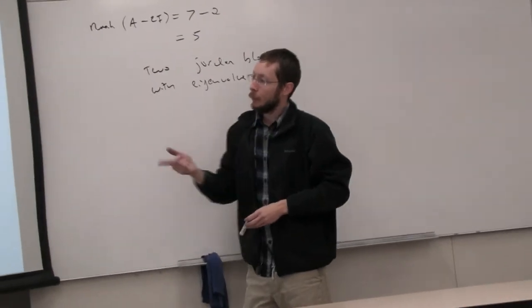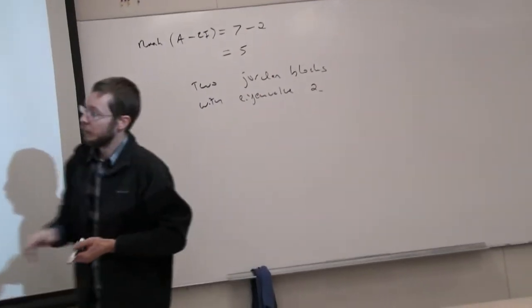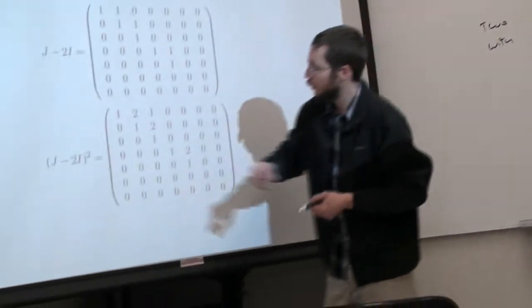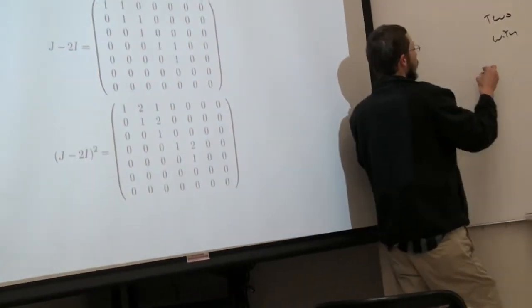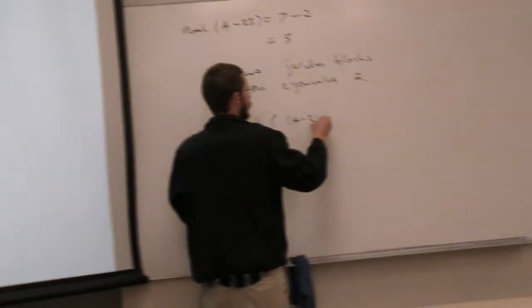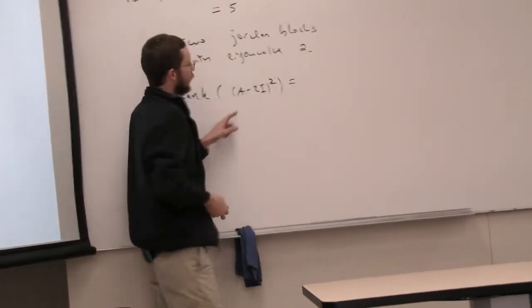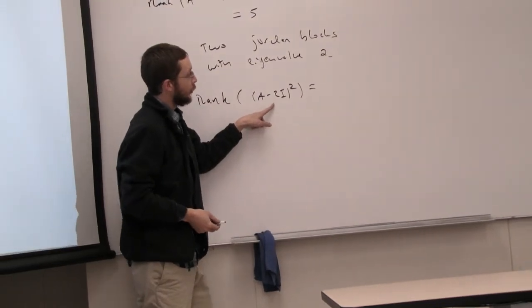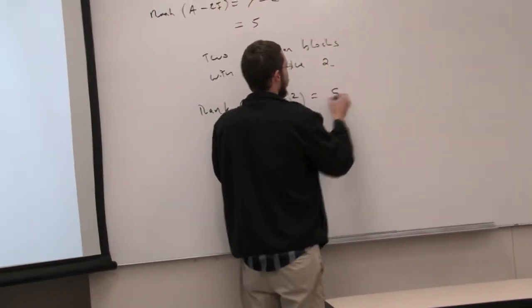Fortunately, once we consider the next power, J minus 2I, and we square it, the rank doesn't change. It's still going to be rank 5.